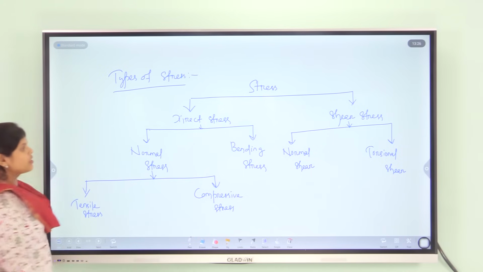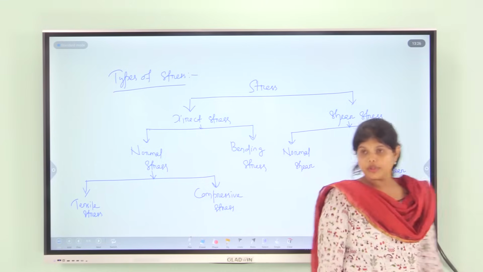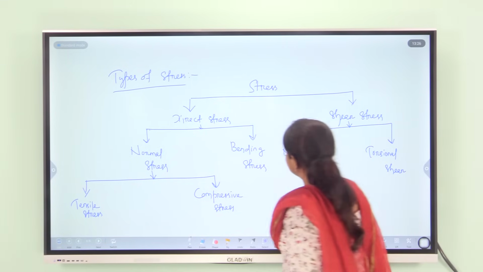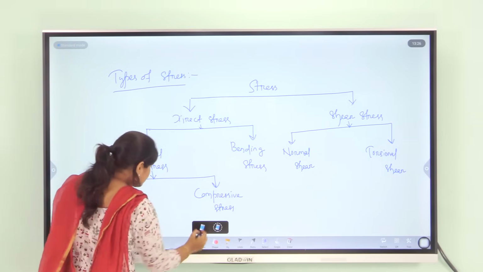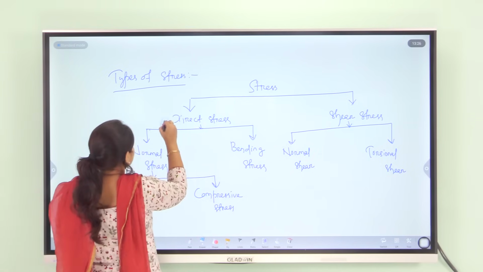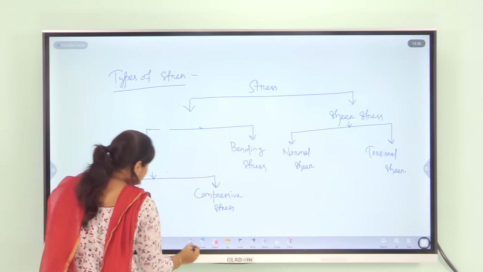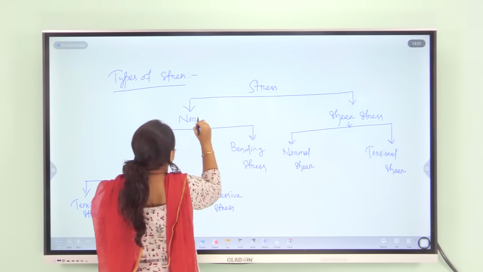Now, we will discuss these types of stress, starting from the first, normal stress, which comes under direct stress.